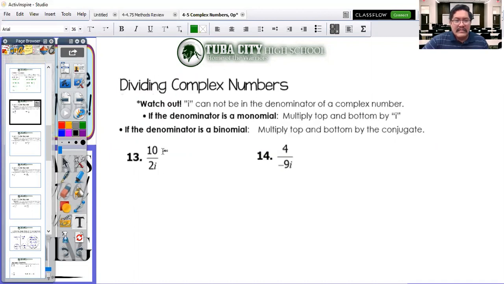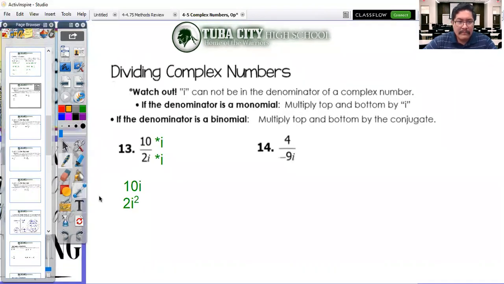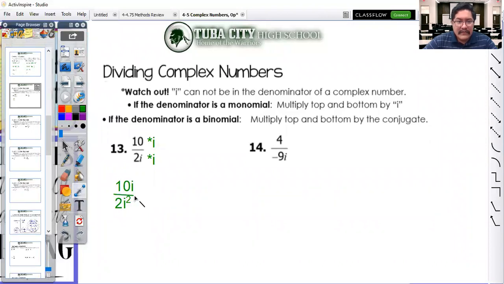So, okay, what does this mean? Let's go ahead and times this by i. So I times the top by i, and I'm going to times the bottom by i. So multiply both of them, and we end up with 10i over 2i squared. And it's a fraction, so got to have the fraction bar.